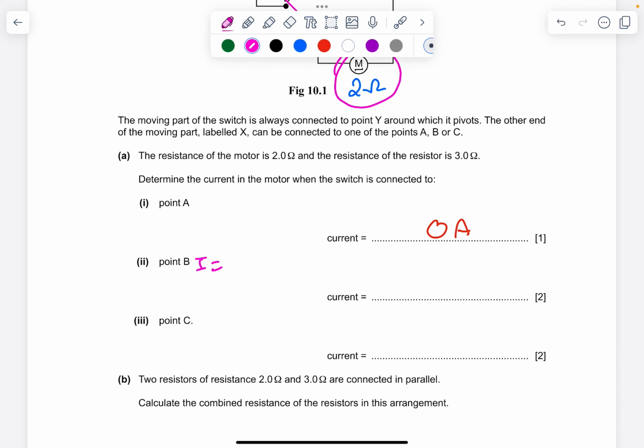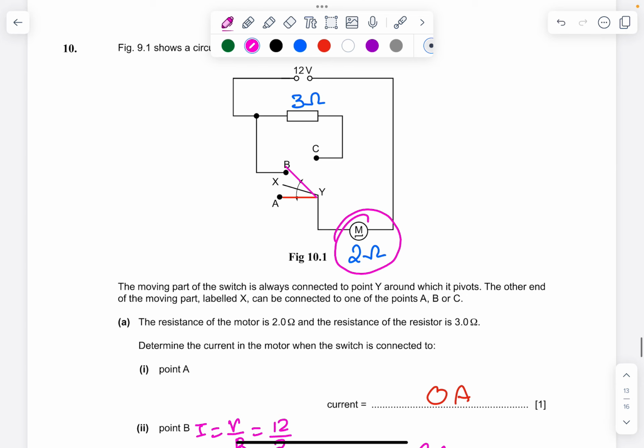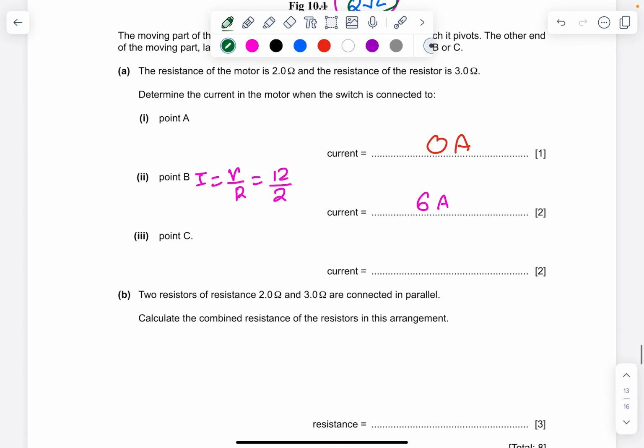We know that I equals V upon R, which is 12 upon 2, which is 6 amperes. And finally, if I'm connecting it to C, then 3 ohms and 2 ohms are both connected, 3 plus 2, which is 5 ohms. So the current will be I equals 12 upon 5, which is 2.4 amperes.